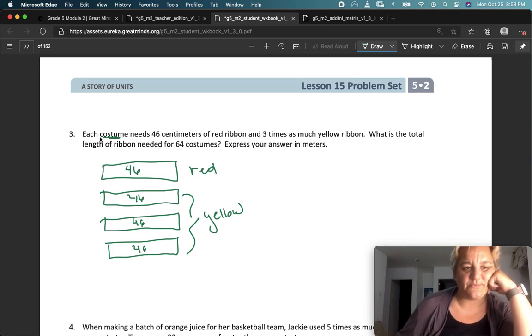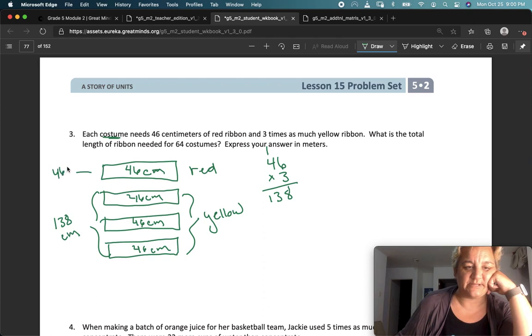Okay, so each costume needs 46 centimeters of red ribbon and 3 times that much for the yellow. So let's multiply 46 times 3 and see what we get. Okay, so all of this together is 138 centimeters. And then here we have 46 centimeters.